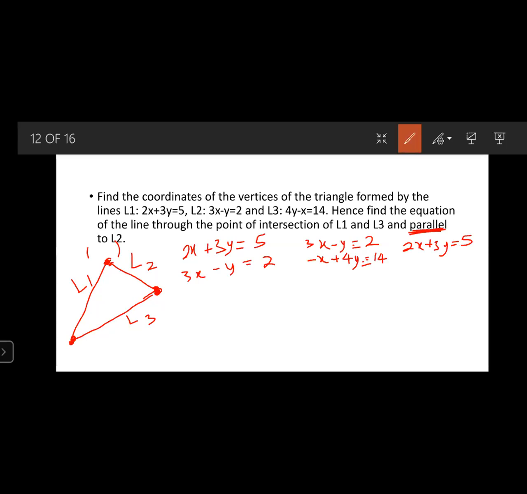And L3, I may need to rearrange it like I did the other time: minus x plus 4y equals 14. So if I have to do that, how do I solve?